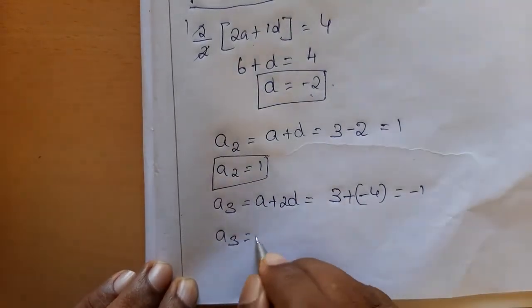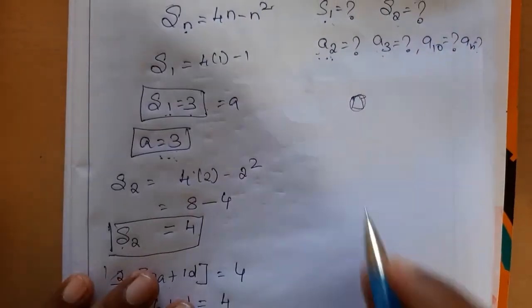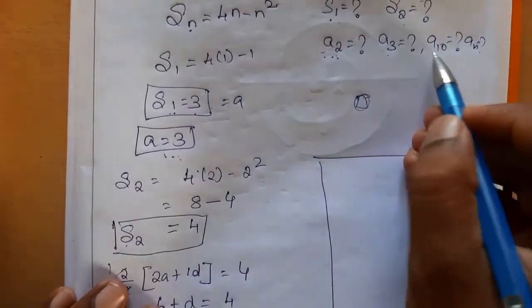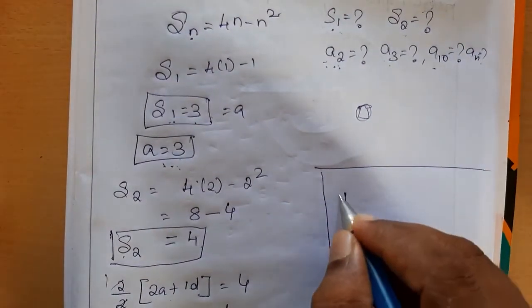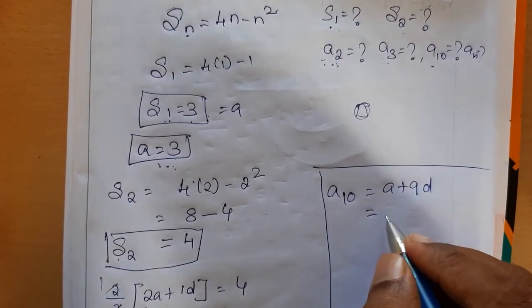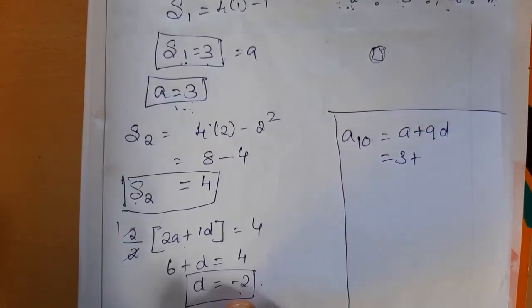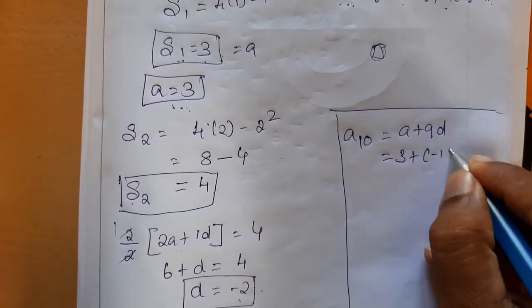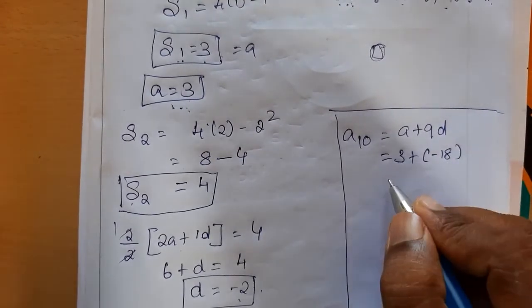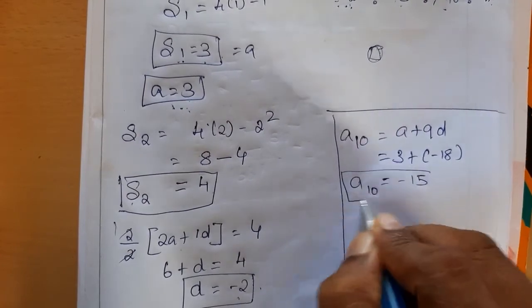So A3 is equal to minus 1. Next we have to find A10. So A10 is equal to a plus 9d, right? So a we know is 3 plus 9 into d, which is minus 2. 9 into minus 2 is minus 18. So 3 minus 18 is equal to minus 15. So A10 is equal to minus 15.